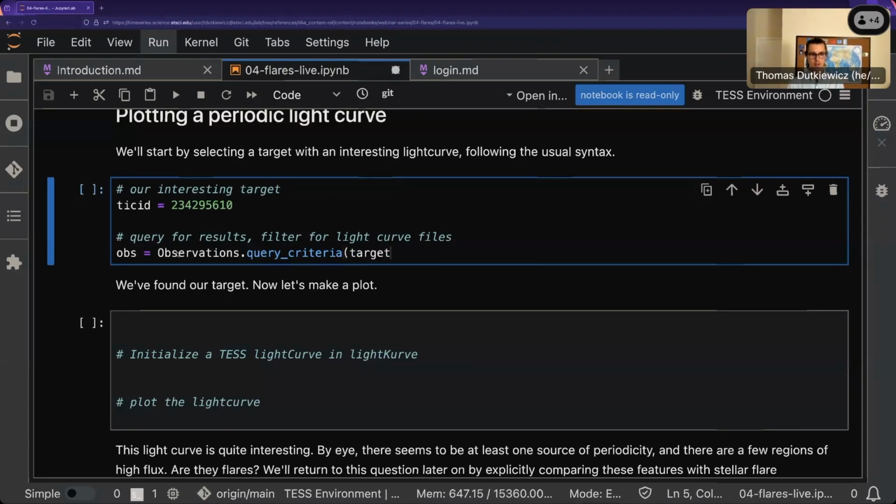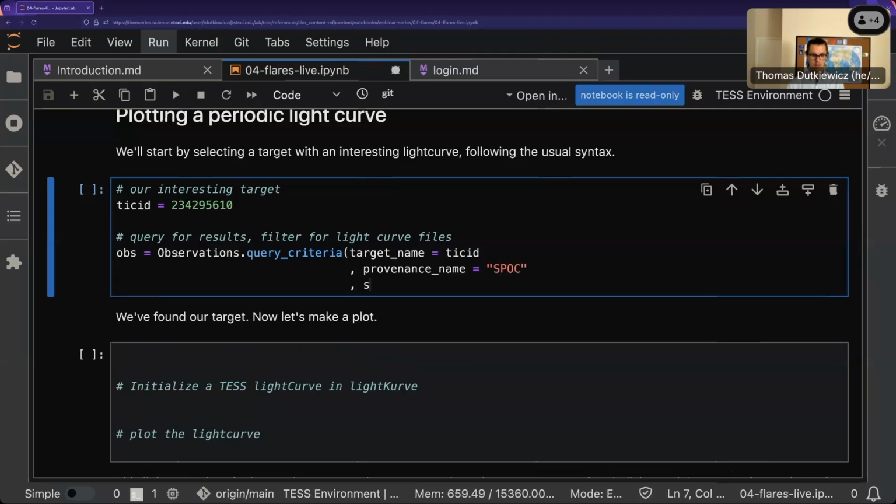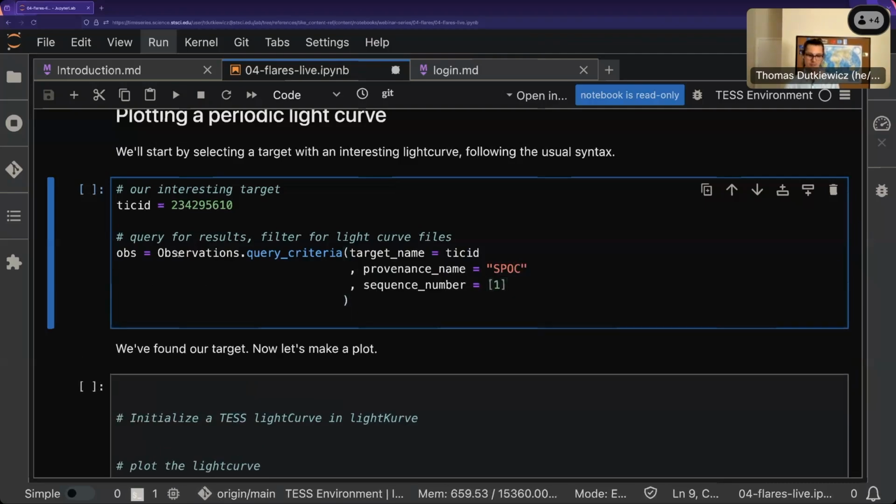We'll set the target name equal to the TIC ID. The provenance name is SPOC, and the sequence number is 1. So we just want to make sure that we set SPOC to get the mission-produced lightkurves, and a sequence number of 1 is arbitrary, but it makes for nice reproducible results.